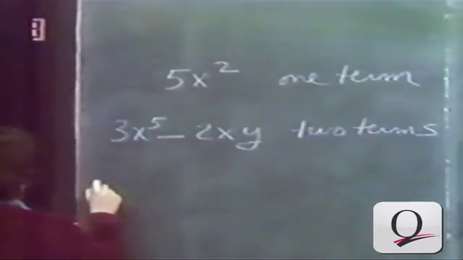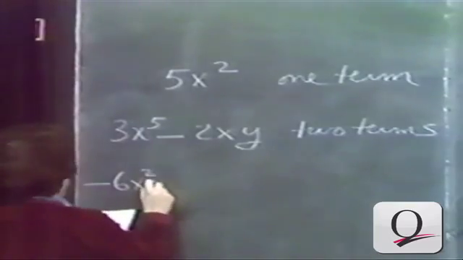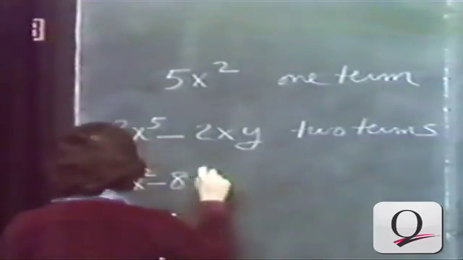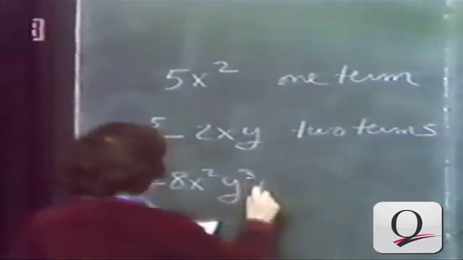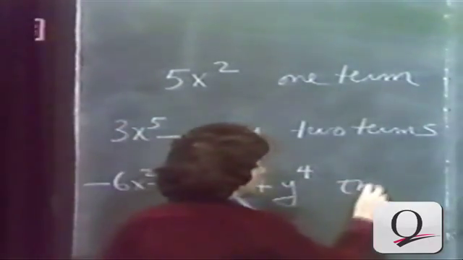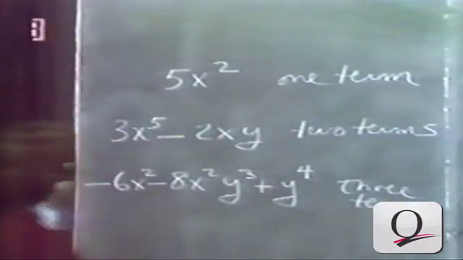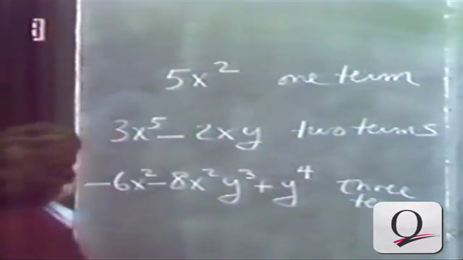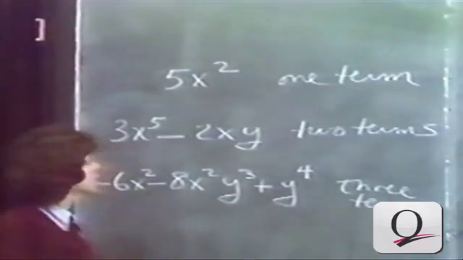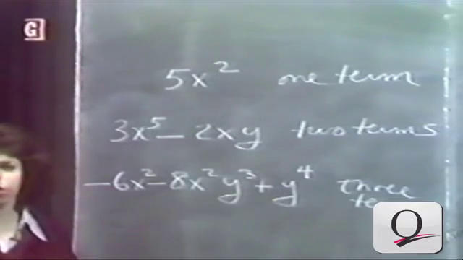As a third example, let's look at minus 6x squared minus 8x squared y cubed plus y to the fourth, a polynomial with three terms. By the way, a one-term polynomial is often called a monomial, a two-term polynomial a binomial, and a three-term polynomial a trinomial.